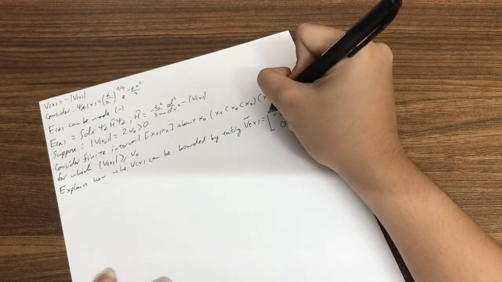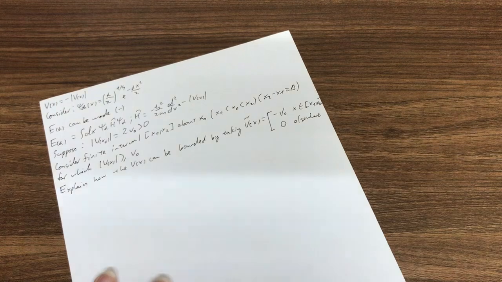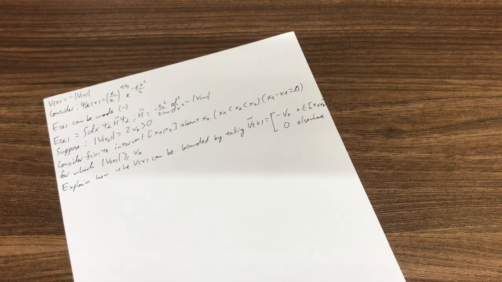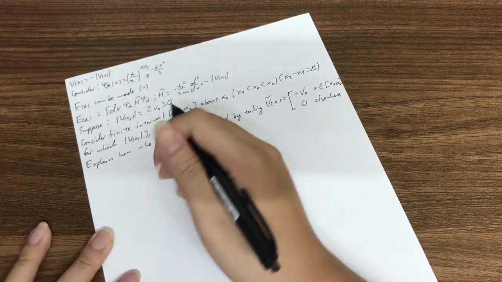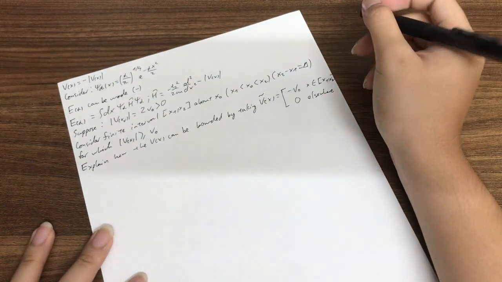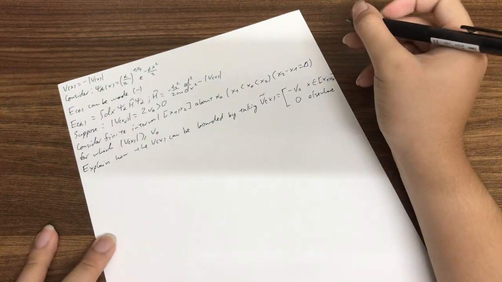You can see that these are attractive potentials, meaning that they have a negative value. They pull stuff in.